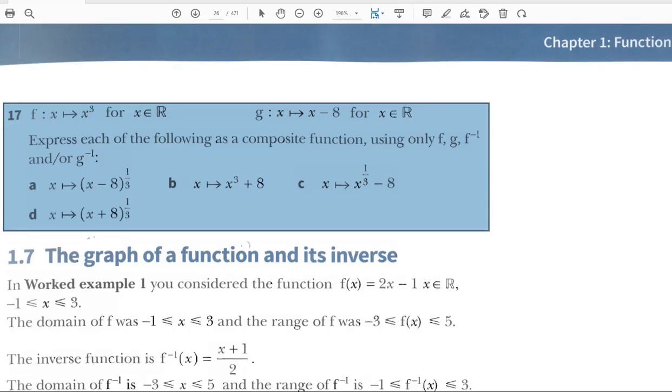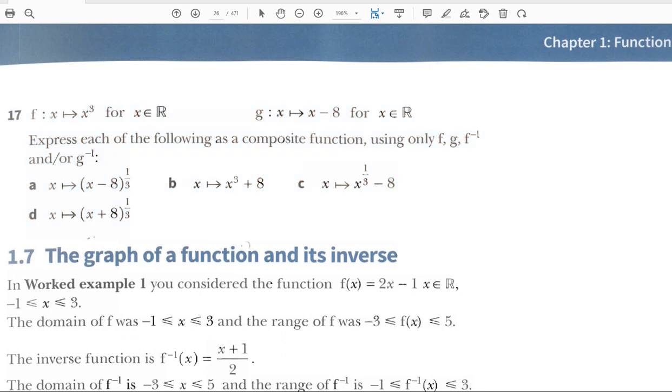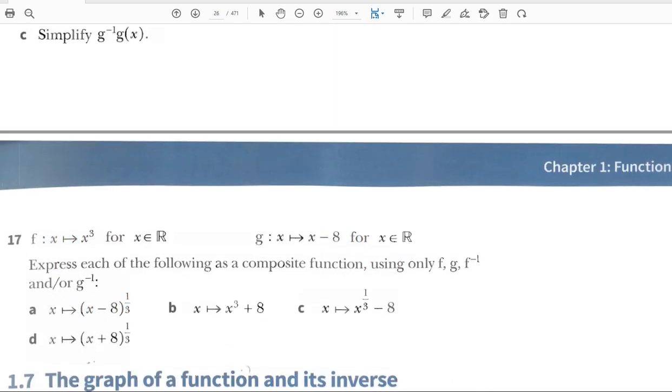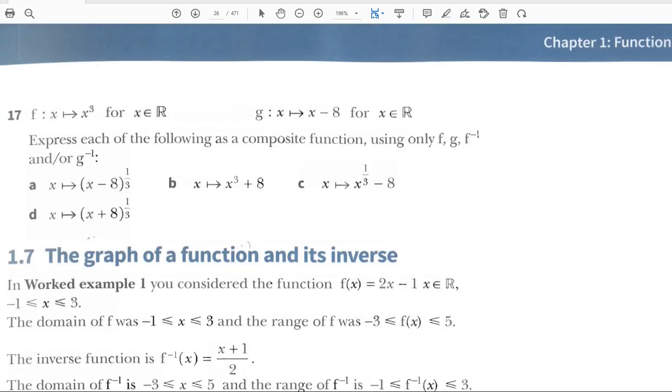Students, what is next? There is no question left in exercise 1.6. So we have done all questions of exercise 1.6 from question number 1 to question number 17, each and every part. This is our today's class.